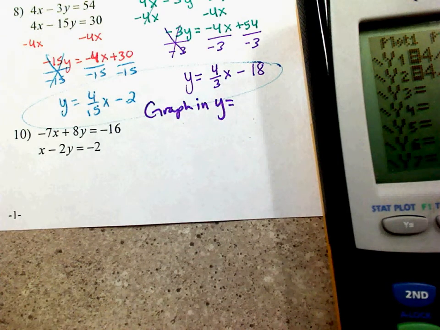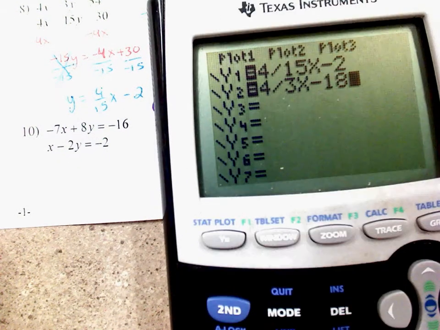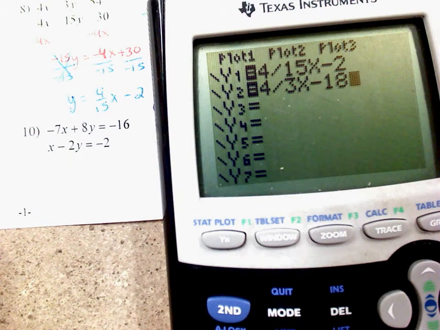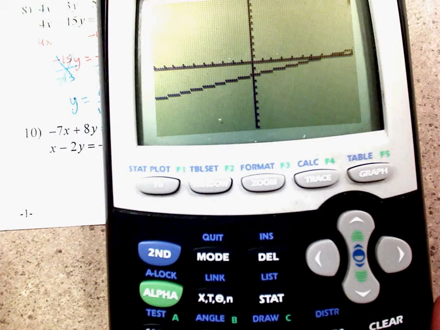Are you with me now? So I graph them in y equals, right? I go to y equals and I type in each equation. Now if I press graph, I don't see the intersection.